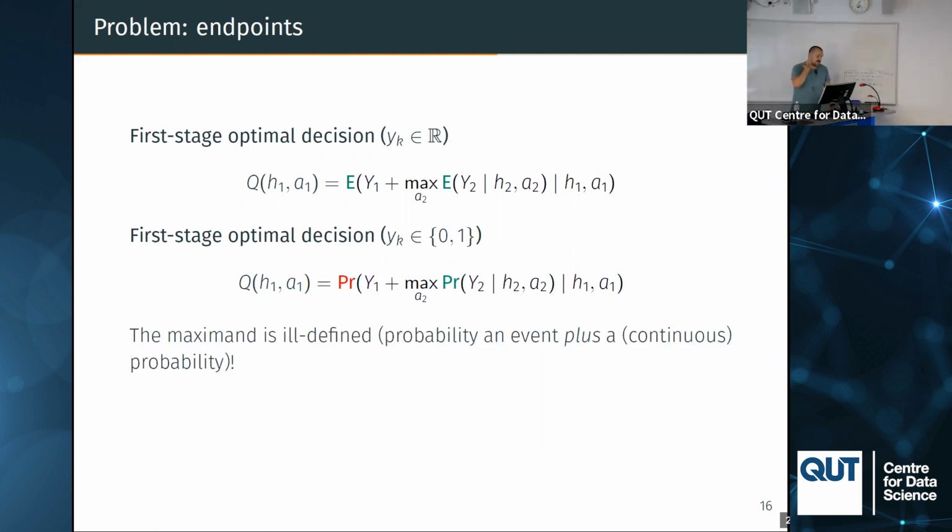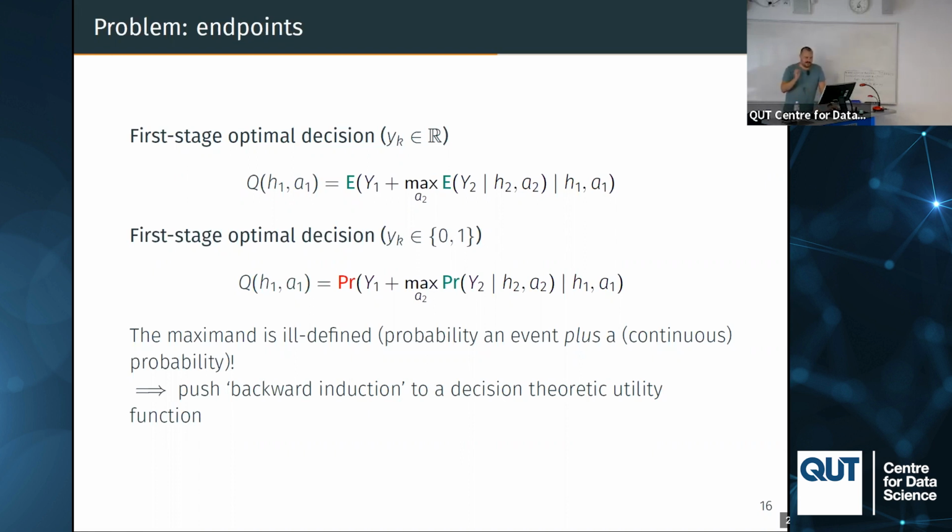This nested term is ill-defined because we've got this probability of an event plus some maximized probability, which is a continuous or ratio valued outcome. So I hope that's clear why that causes a problem. And I'll take silence to mean it's crystal clear.